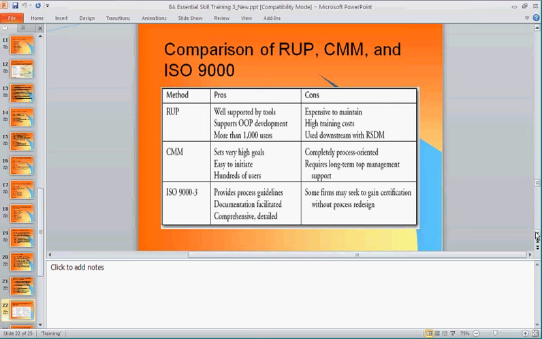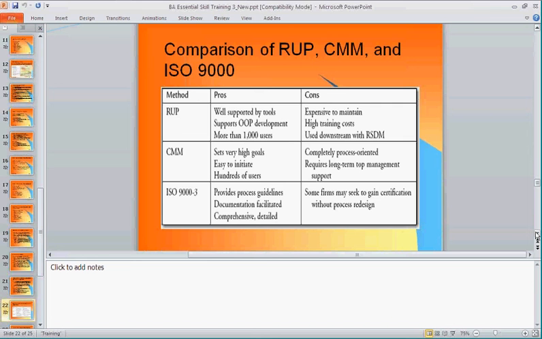Is it methodology specific or project specific? No. RUP, because it is a methodology, right, uses object-oriented approach, which is object-oriented analysis, object-oriented design, object-oriented development, right?